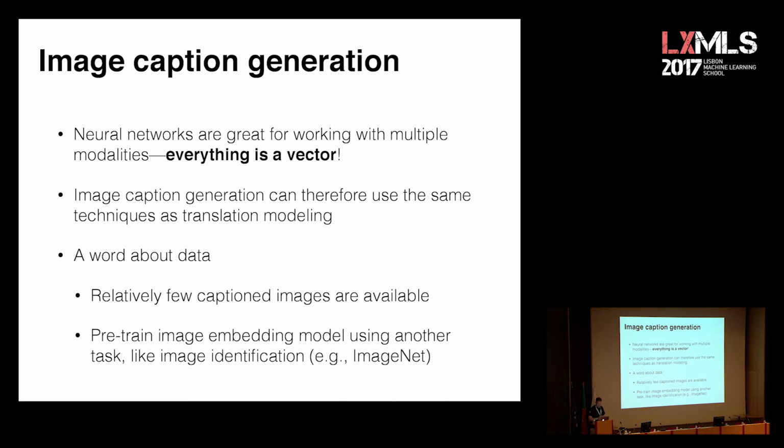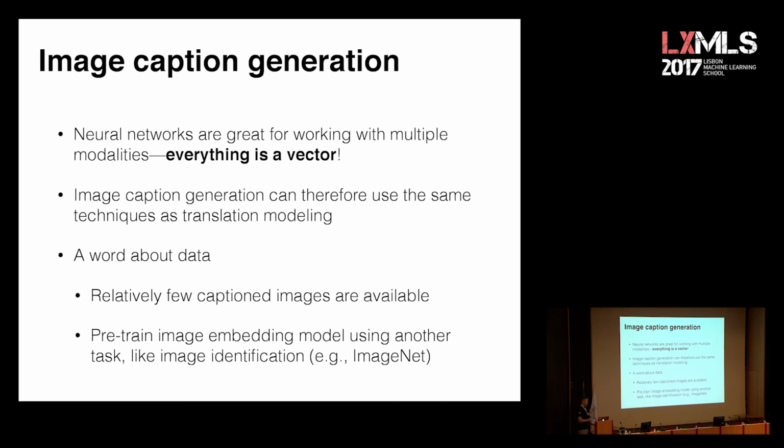Okay, now to give you an example of just how flexible this generic framework is, I want to talk about image caption generation. Neural networks are great for combining modalities because everything's a vector. You can condition on anything because everything speaks the same language. A quick word about data: there aren't actually a ton of captioned images available.